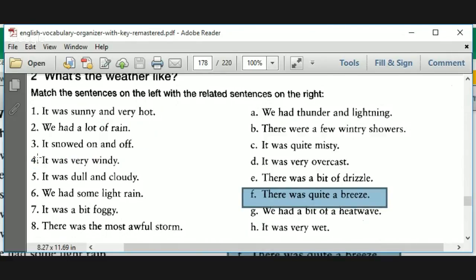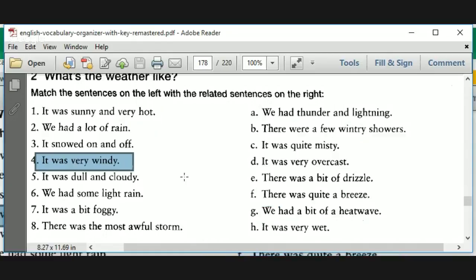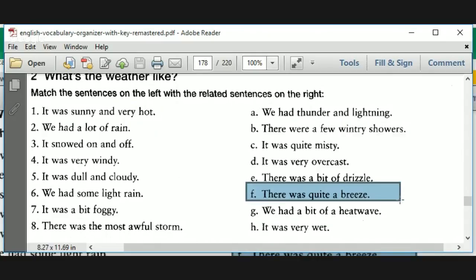Breeze is wind. Now, it's a little bit different in British and American, I guess. But normally a breeze is a steady wind, like if you go to the ocean or you're standing by the St. Lawrence River, there's a steady breeze.